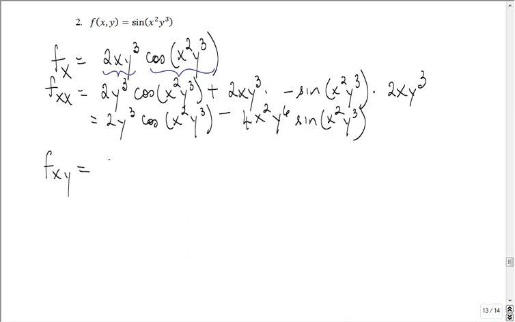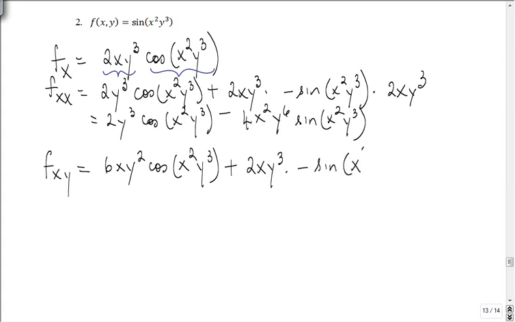So you really have to concentrate, okay? 2xy cubed with respect to y is 6xy squared times cosine of x squared y cubed, plus leave the 2xy cubed times partially differentiate the cosine with respect to y. So that's minus sine x squared y cubed times 3x squared y squared. That's correct?